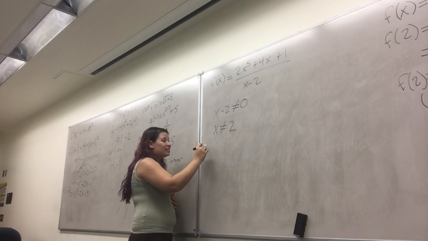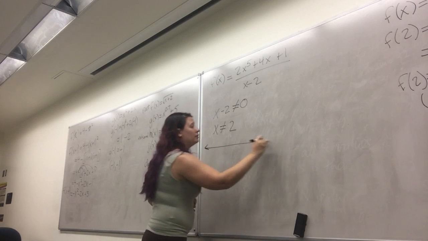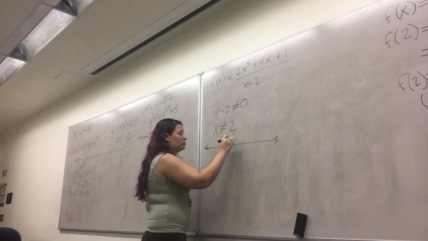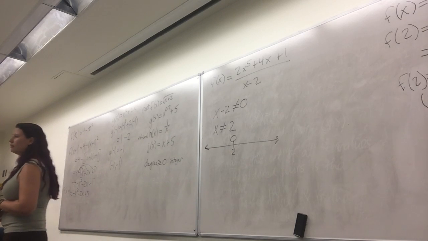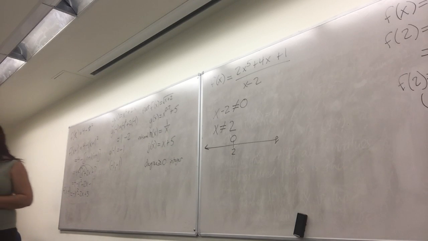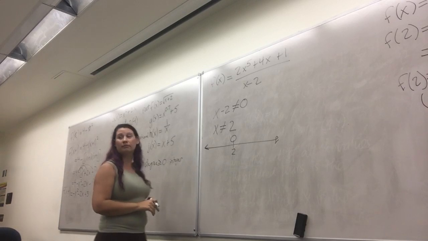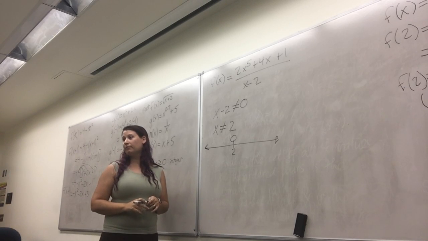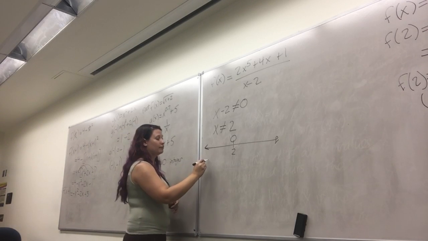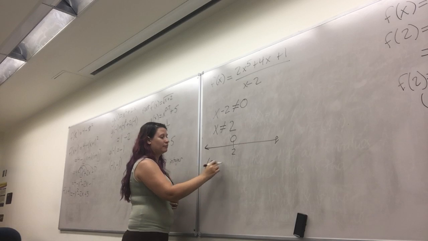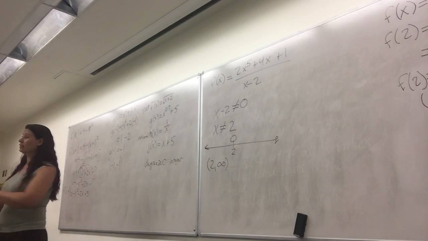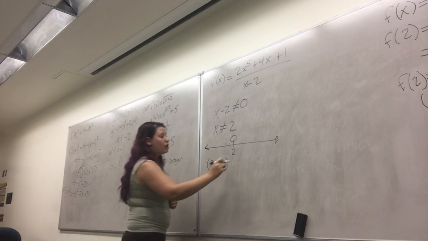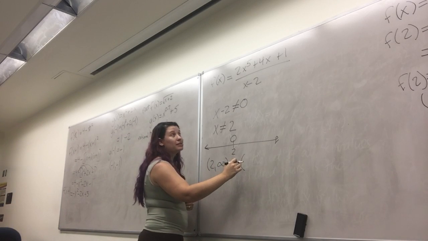So basically we have the number line with just a hole at 2. How do we write that in interval notation? Just 2 to infinity? Also the other side. So then, what's the other piece?